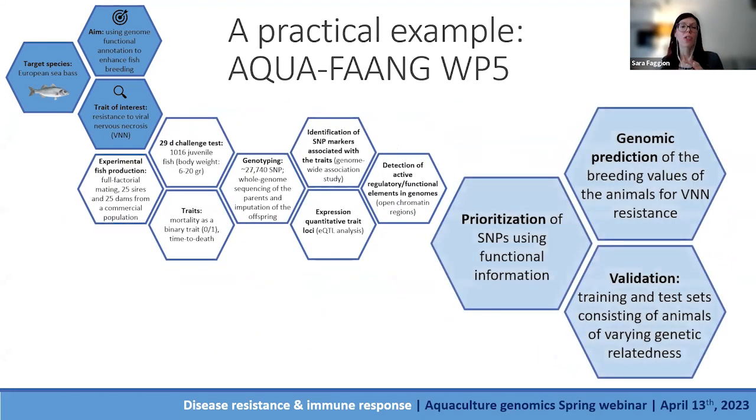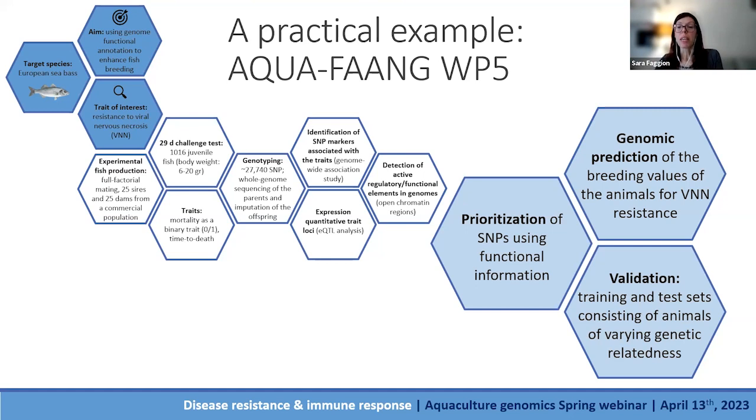So, just to summarize, all the obtained resources will be used in the development of genomic prediction models, and the next step will be the integration of prior categorization of SNPs derived from functional information into genomic prediction models to predict the genomic breeding values of the animals for the trait of interest, so for resistance.